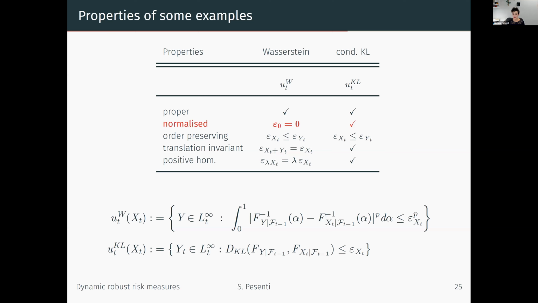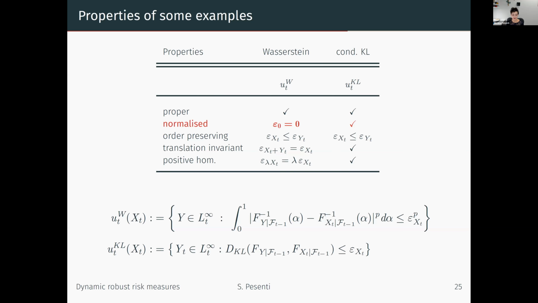Of course it depends on your tolerance distance, because in the dynamic setting your tolerance distance could actually depend on the process. And one thing that is interesting is that if you choose the Kullback-Leibler divergence, you get a normalized uncertainty set, whereas with the Wasserstein distance or general norms, you don't get a normalized uncertainty set.